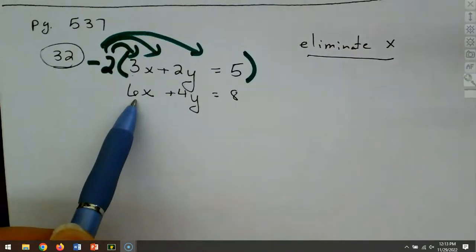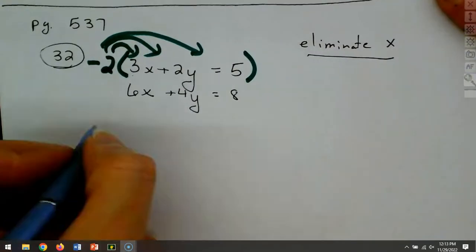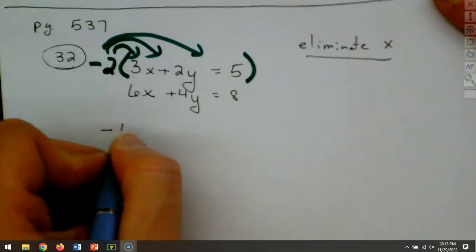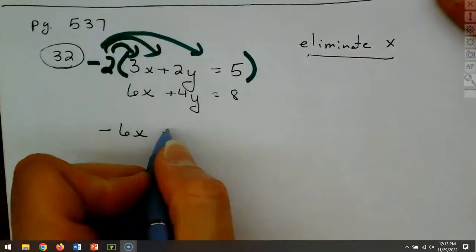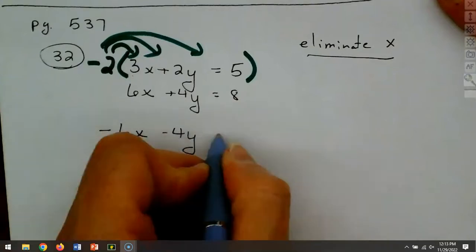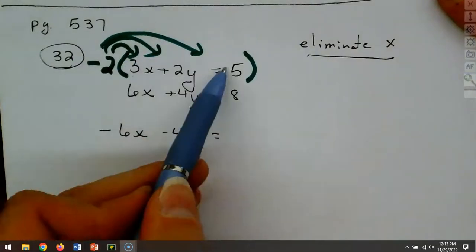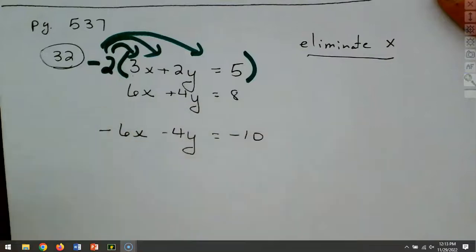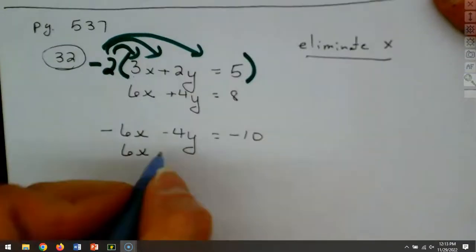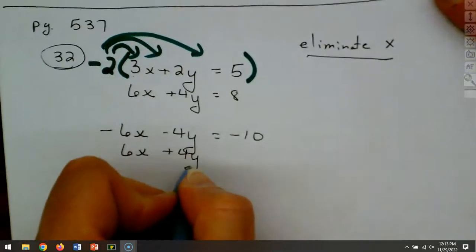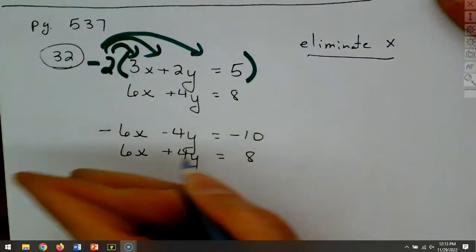And that's what we want. We want to see that. So now when I distribute through, I get a minus 6x. I get a minus 4y. I get a minus 10. And down below, I get a 6x plus 4y equals 8.